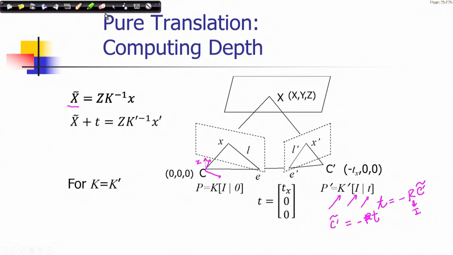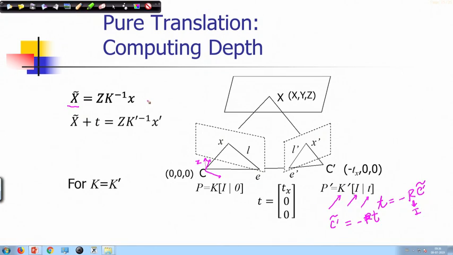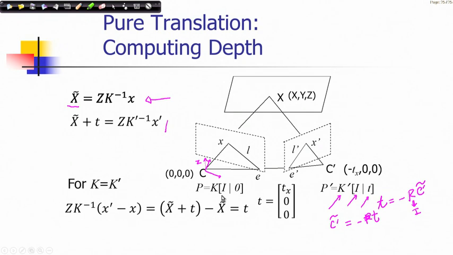Now, if I consider K equals K prime, that means the two cameras have the same calibration matrix, then this relationship can be further simplified. It takes a very simple form, and as we can see from here itself, if you subtract this equation from this one, you will get z K inverse into x prime minus x equal to t.